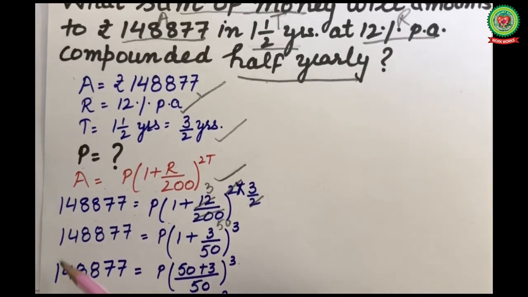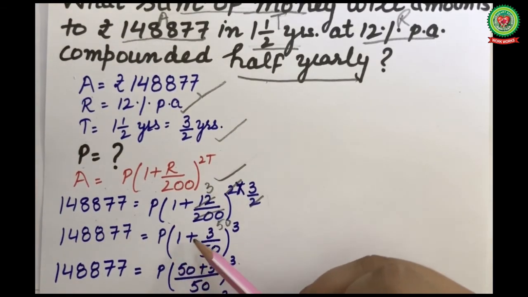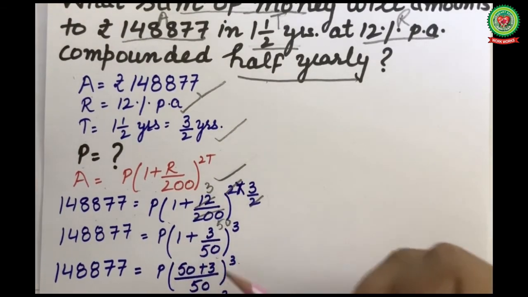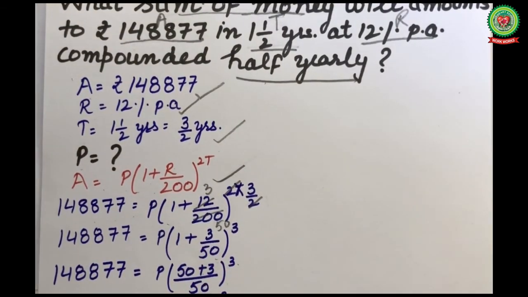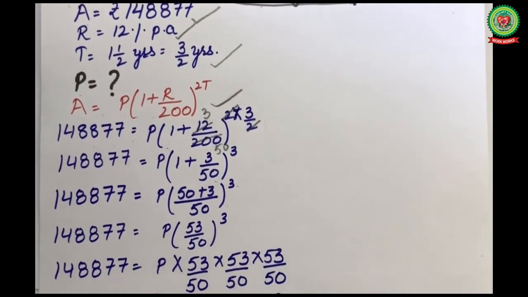So we get 1,48,877 is equal to P bracket 1 plus 3/50 whole cube. Now we are going to take the LCM. On taking LCM we get 1,48,877 is equal to P bracket 50 plus 3/50 whole cube. What is 50 plus 3?